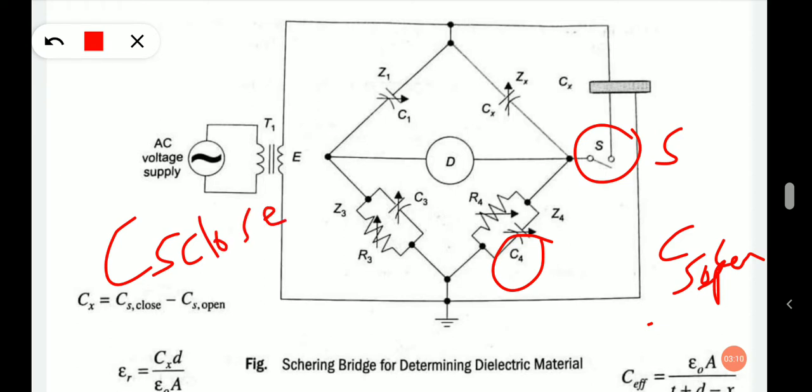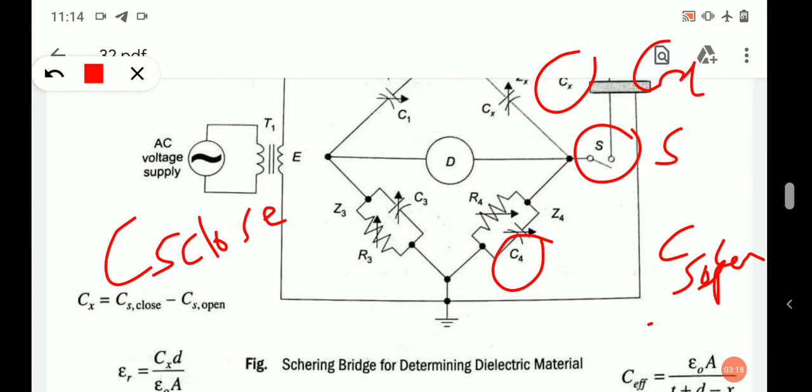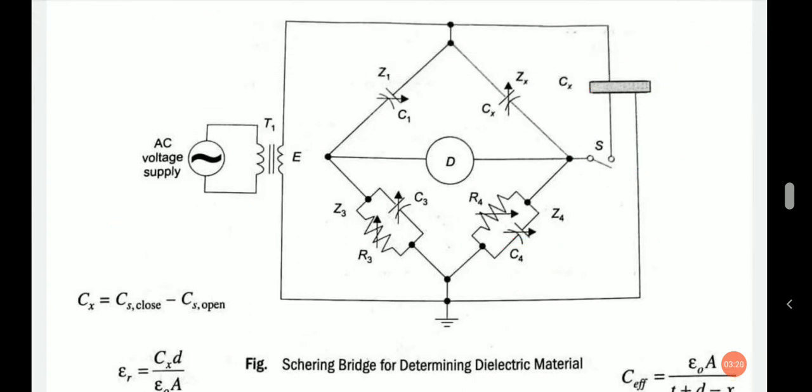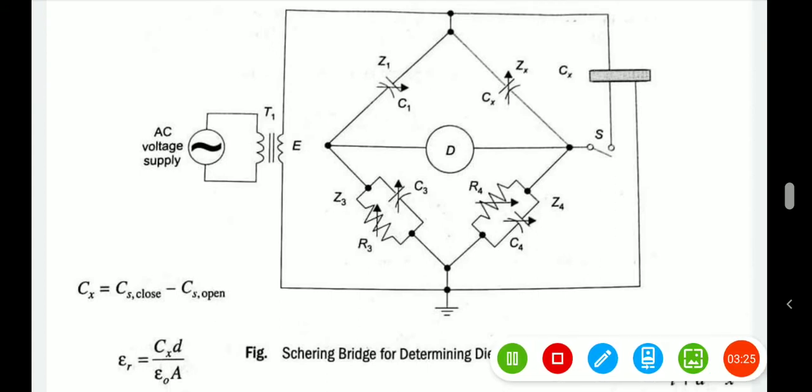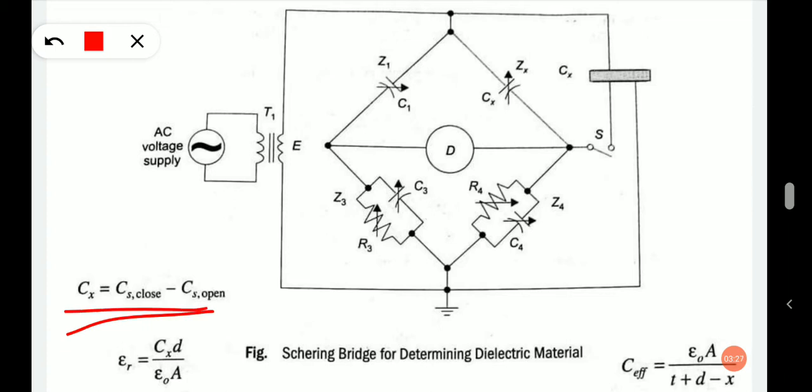The unknown capacitance Cx can be obtained as Cx equals Cs close minus Cs open. Once Cx has been measured, its relative permittivity, that is epsilon, can be found easily, provided the dimensions of the metal plates or electrodes are known.